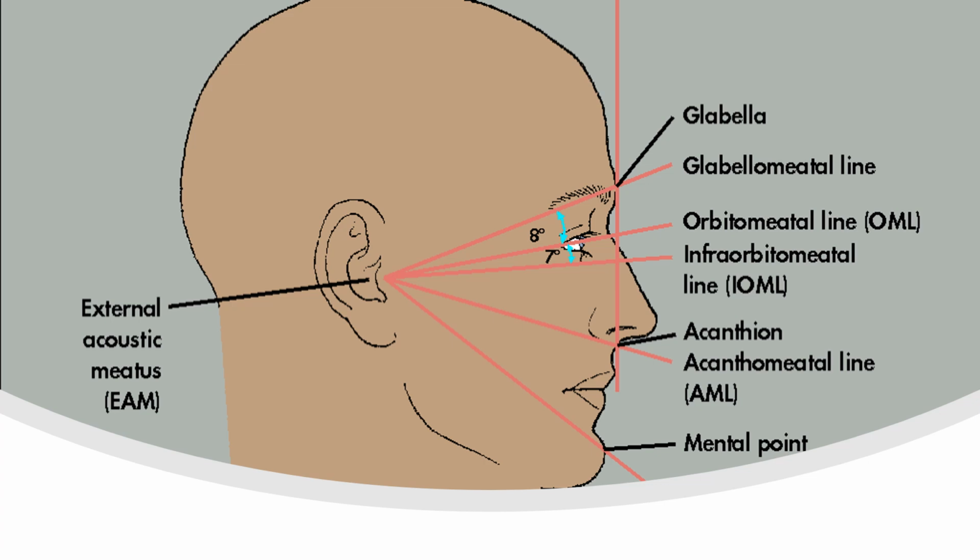The glabelloacanthial line becomes a vertical line when the posture is neutral. That is, the patient hasn't flexed their head forward, their neck forward, or extended their neck. Neutral posture, vertical glabelloacanthial line.